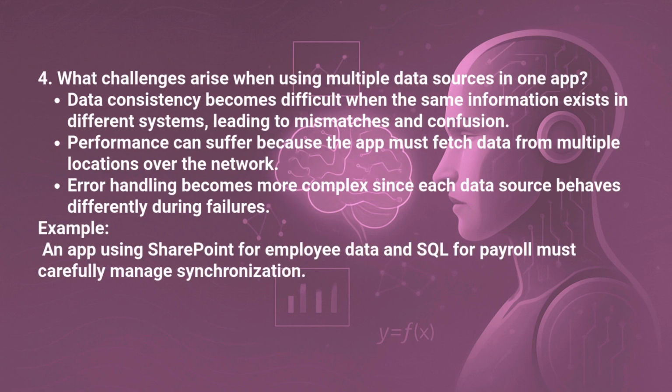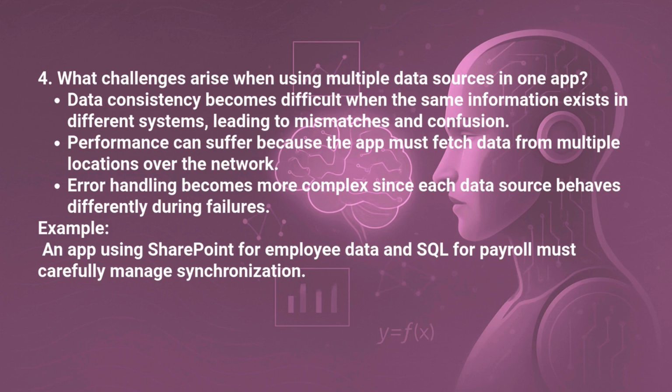4. What challenges arise when using multiple data sources in one app? Data consistency becomes difficult when the same information exists in different systems, leading to mismatches and confusion. Performance can suffer because the app must fetch data from multiple locations over the network. Error handling becomes more complex since each data source behaves differently during failures.